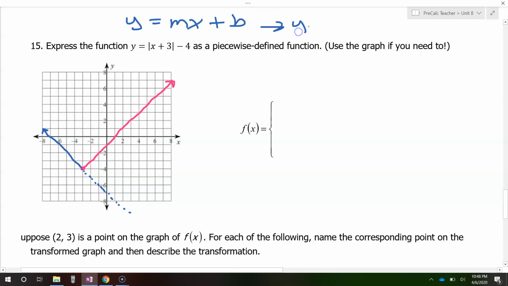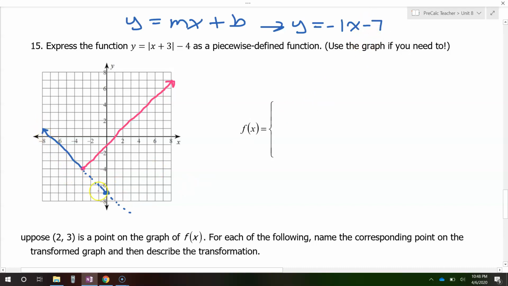So this would be the equation y equals, well, the slope is -1. See how it's going down 1, right 1. All right, the slope is -1. So I'm going to have -1x, or I could just say -x, and then comes the y-intercept. Well, the y-intercept would be right here at -7. So that would be -7.